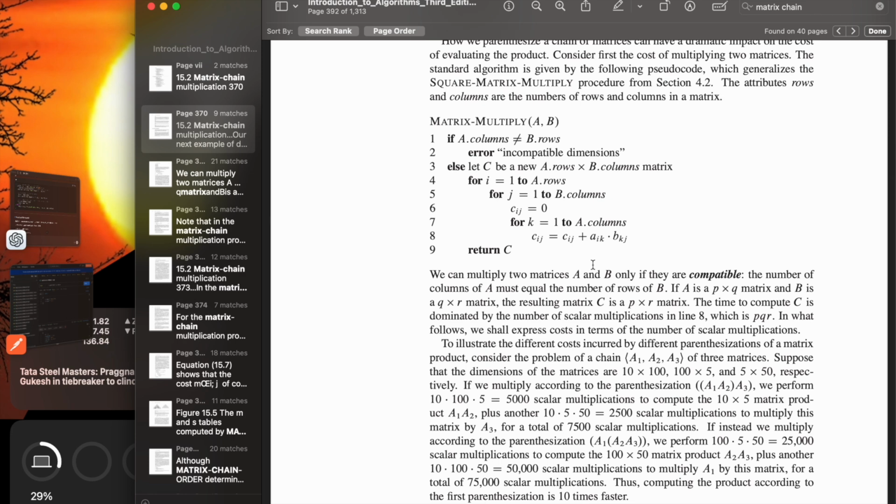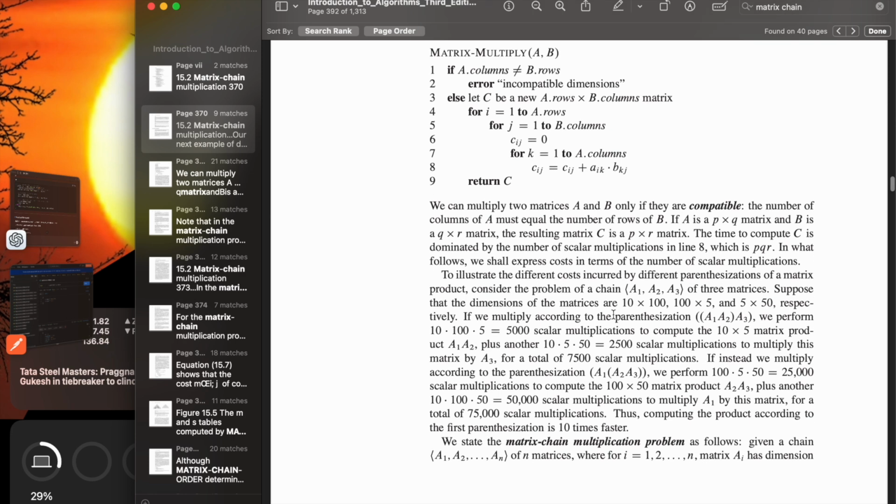If we follow different order for the multiplication, there will be different cost. So basically the way, for example, here we have two matrices. How many matrices we have? Three matrices. First is 10 into 100, then 100 into 5, then 5 into 50. So if we multiply matrices like this, first we multiply a1 a2.